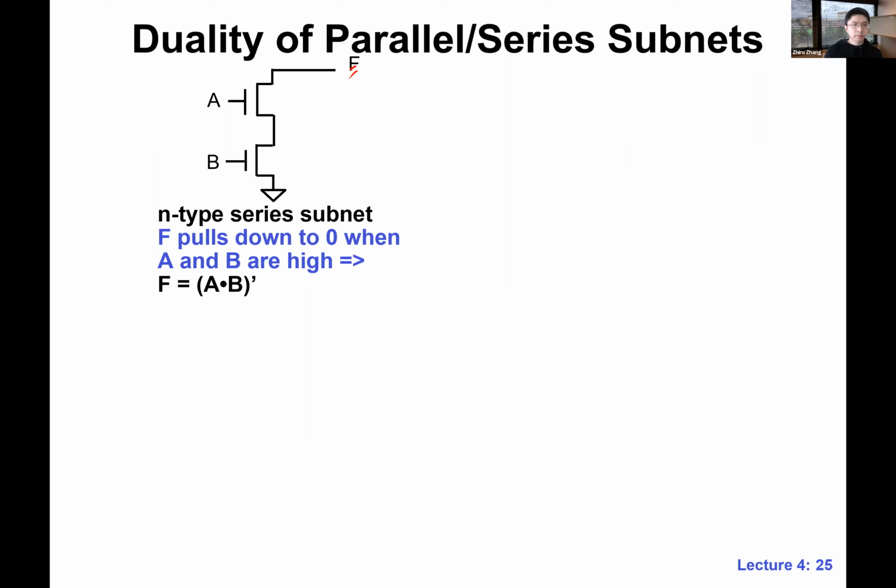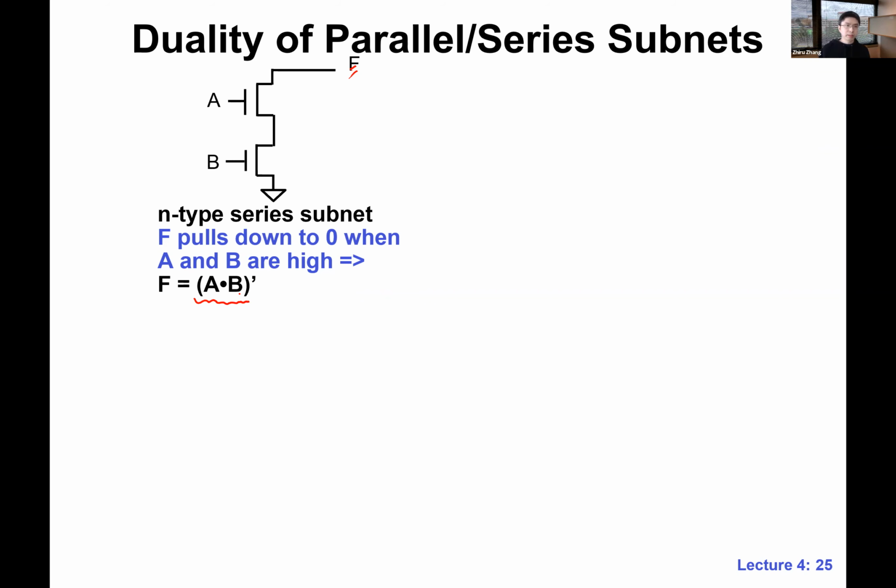For this kind of structure, F pulls down to 0 when both A and B are high, or both A and B are 1. Make sense? This is a series connection, and this basically translates to a Boolean expression like this.